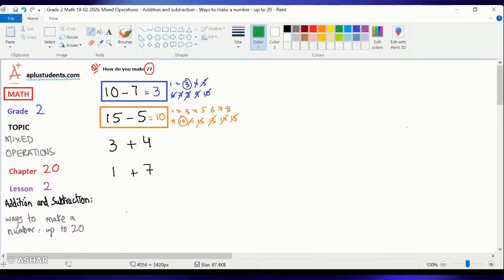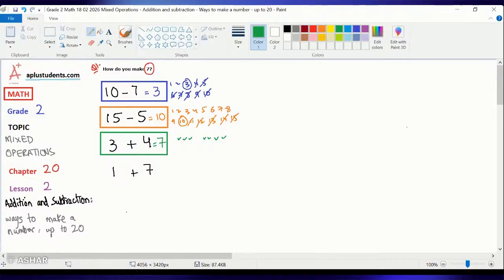The next one is 3 plus 4. Let's see what is 3 plus 4. If we have the number 3, we have 3 numbers. That means if we make 1, 2, 3, 4, 5, 6, and 7, this should be equal to 7.